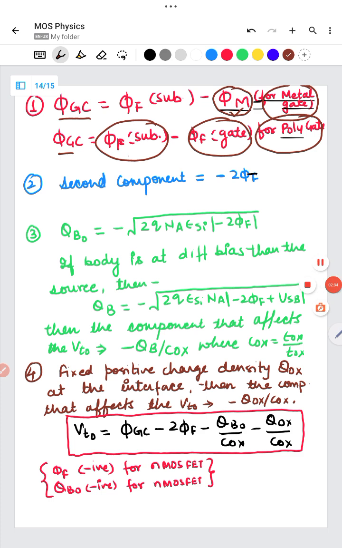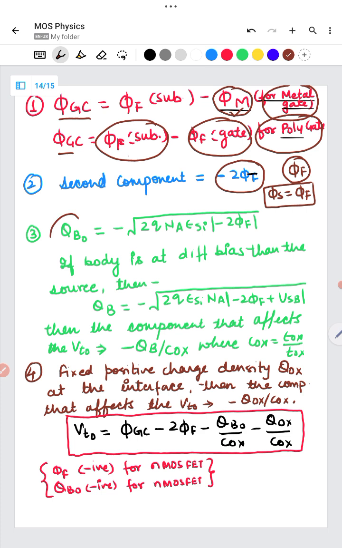The second component is minus 2 phi F because you want to invert the surface potential. If the bulk potential is phi F, you want phi S to be minus phi F. That means the total change in potential is phi F to minus phi F, meaning minus 2 phi F.